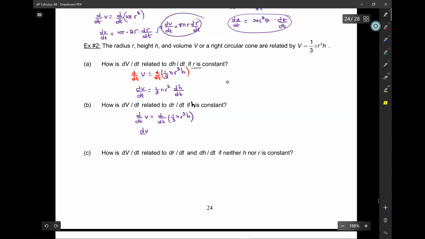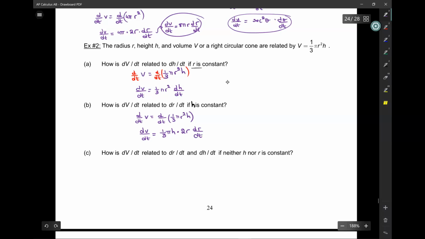So then dV/dt is equal to, whatever's a constant is going to come out. So 1/3 pi h times, now I need to take a derivative of r squared. So that's 2r dr/dt.